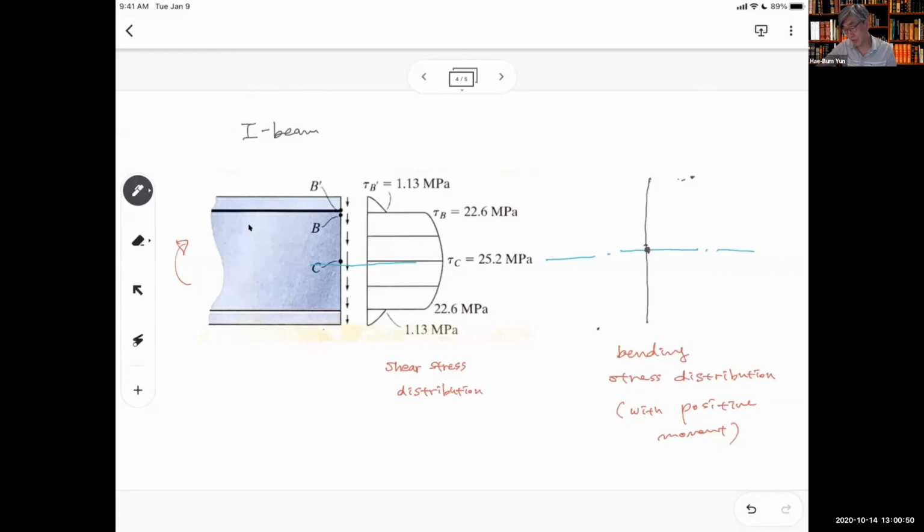What will happen at the interface between the flange and the web? It will have a bump like this. Answer is a straight line without a jump. Can anyone guess why this is a straight line?